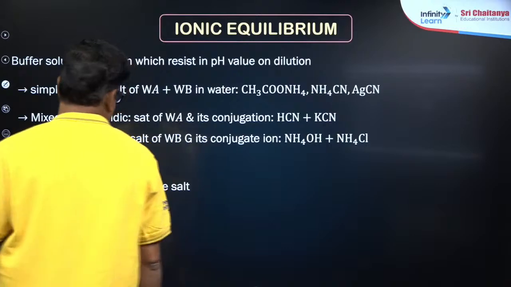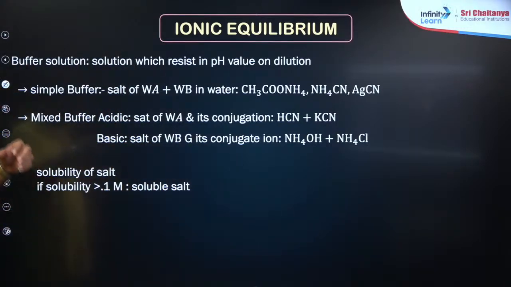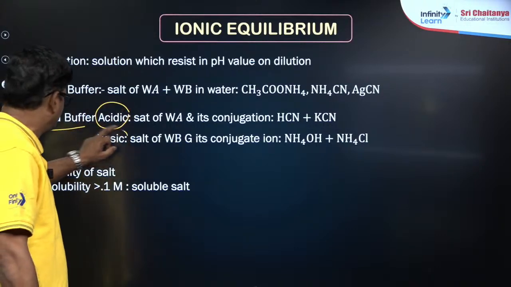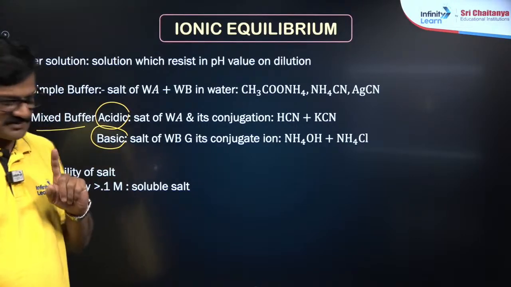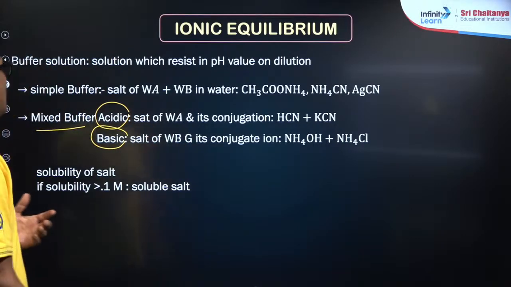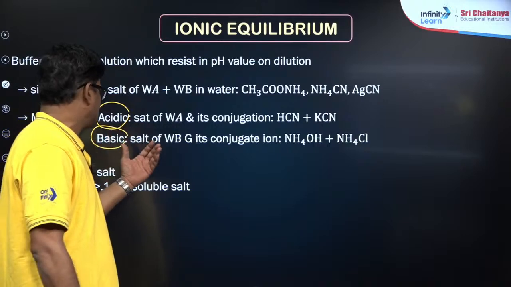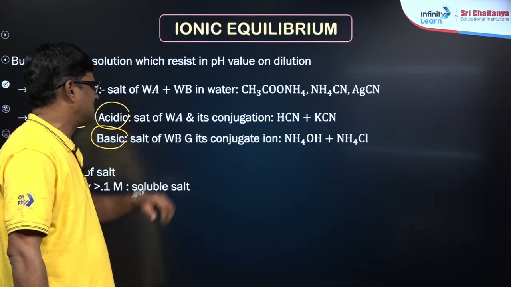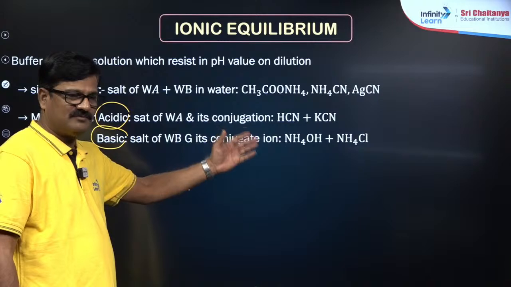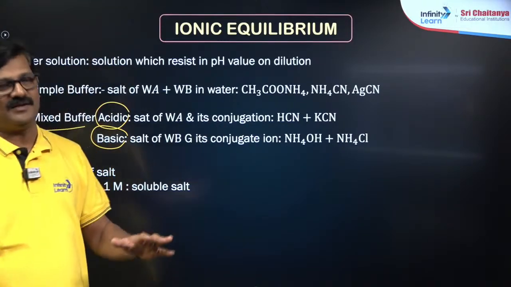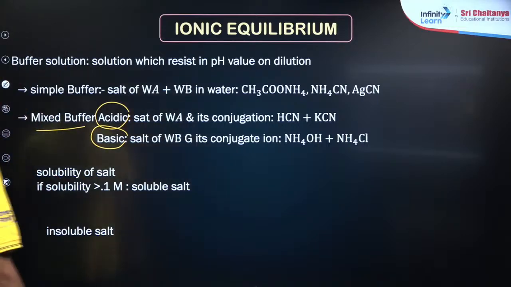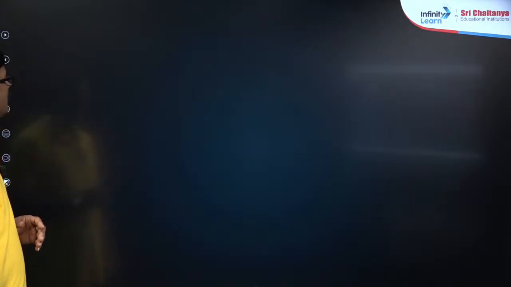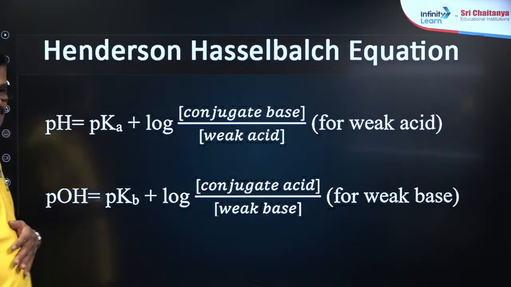A mixed buffer could be acidic or basic. An acidic buffer is a mixture of a weak acid plus its conjugate ion, and a basic buffer is a weak base and a salt of the weak base with its conjugate ion. So you can have various examples, and buffer pH can be calculated using the Henderson-Hasselbalch equation.